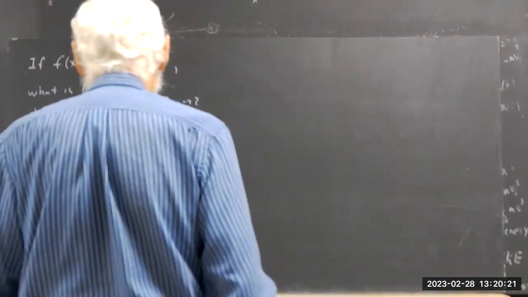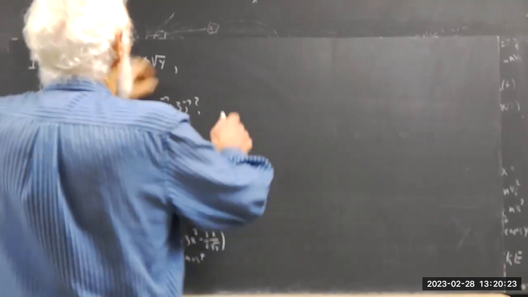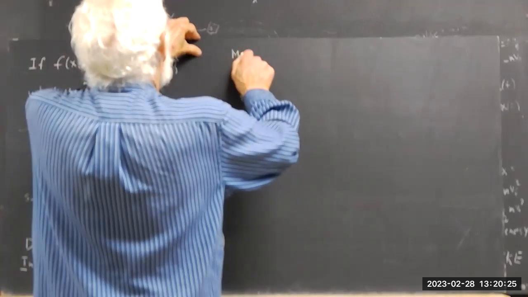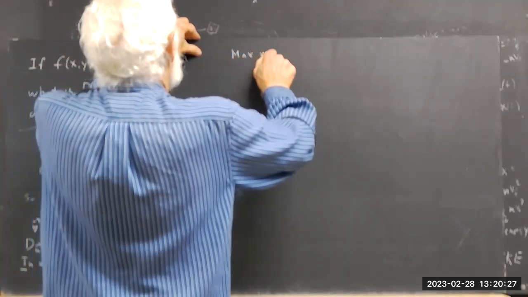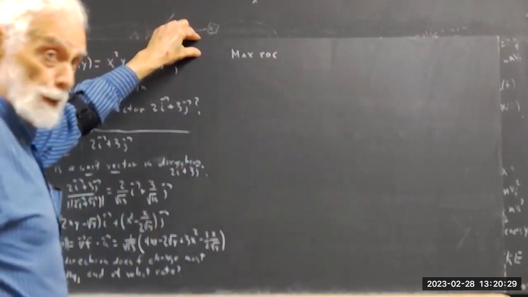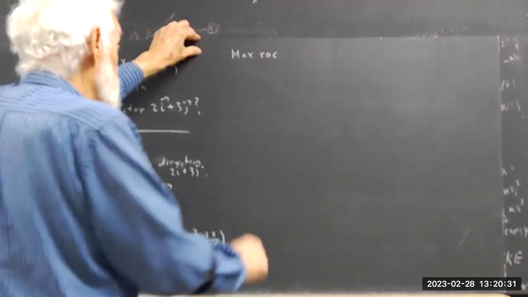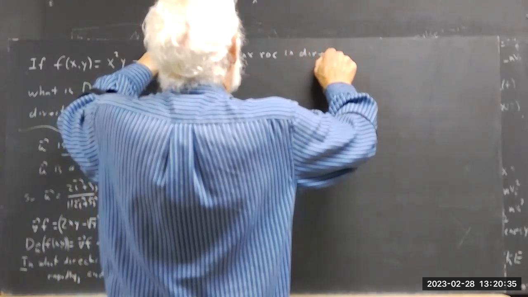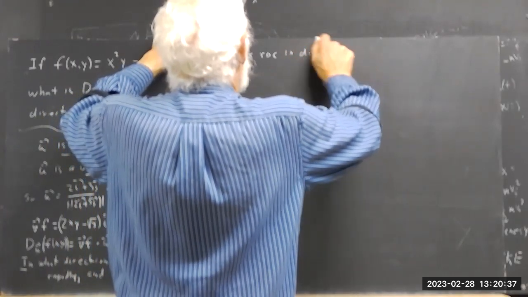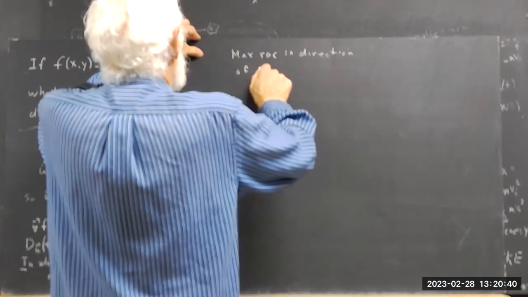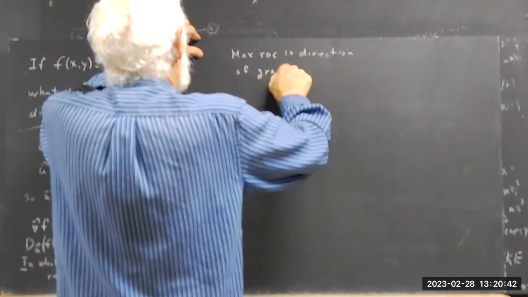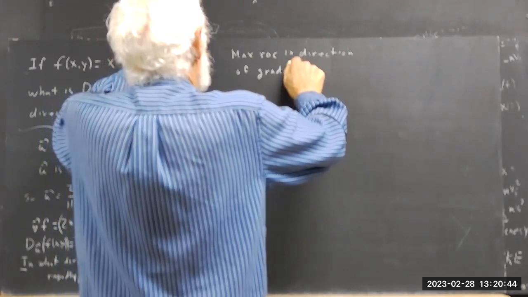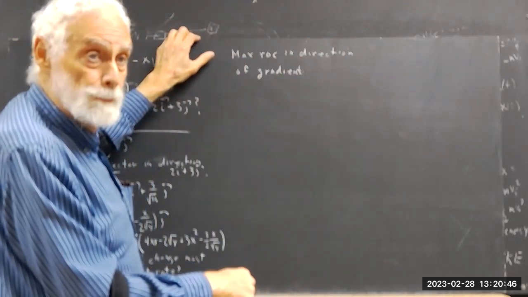Okay, so I use ROC for rate of change. Maximum rate of change is in the direction of the gradient.